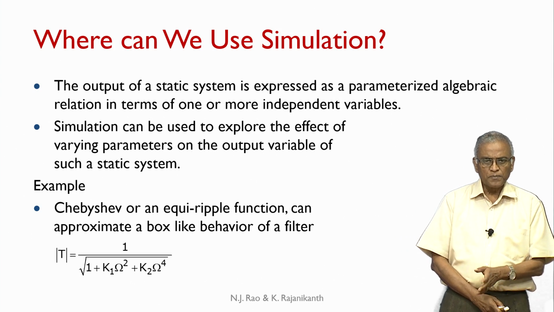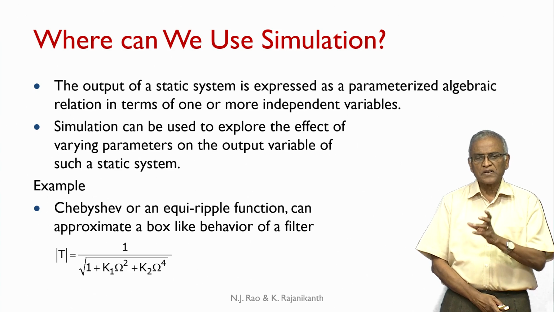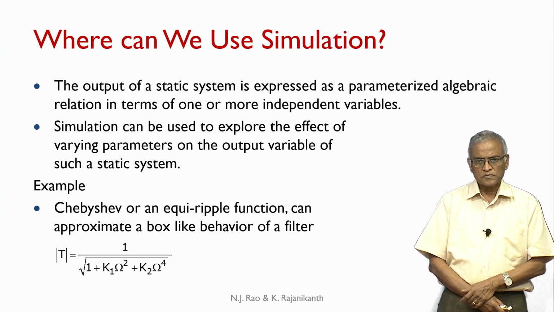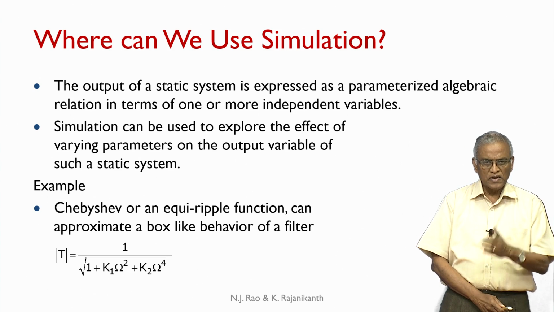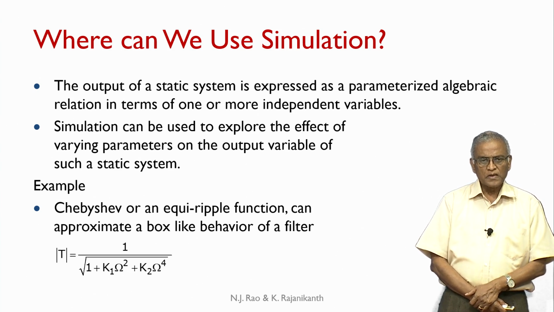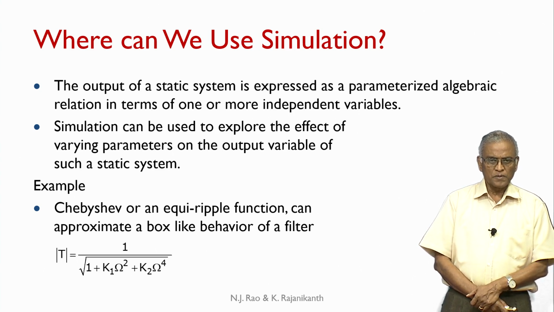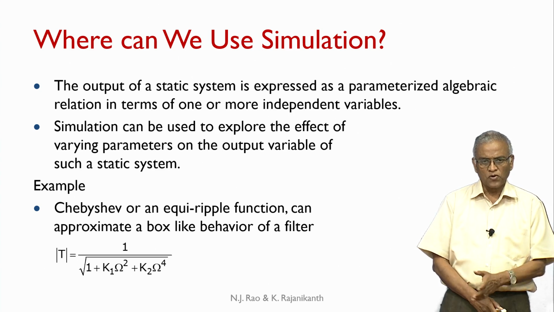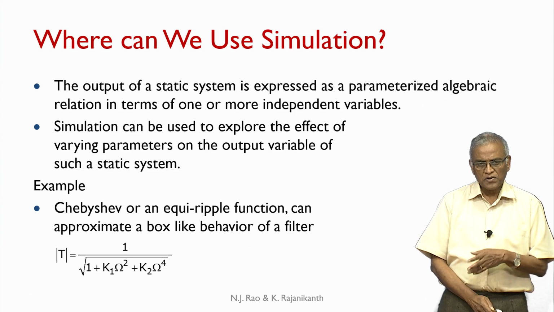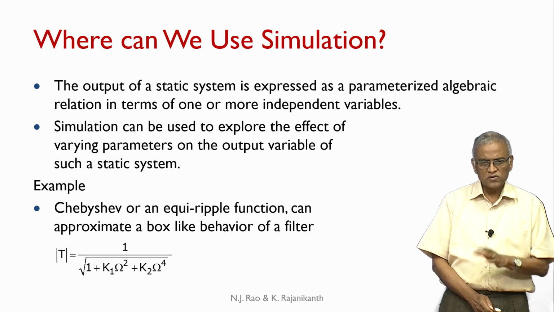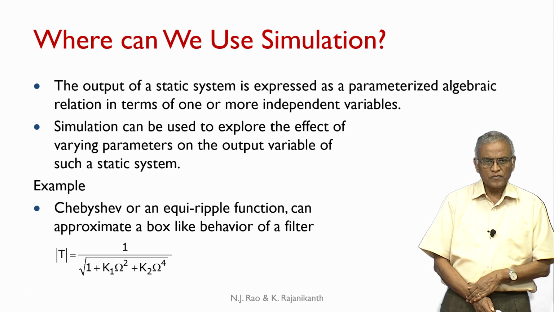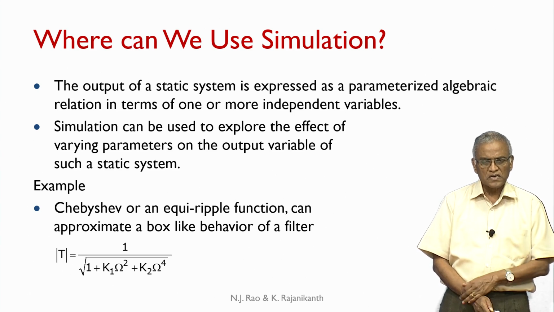A Chebyshev or an equi-ripple function can approximate a box-like behavior of a filter. The equation is given like this: the magnitude of the transfer function T is given by 1 by root of 1 plus k1 omega square plus k2 omega raised to 4. We do not necessarily have a closed form solution for this, or one can work it out at least at this stage.